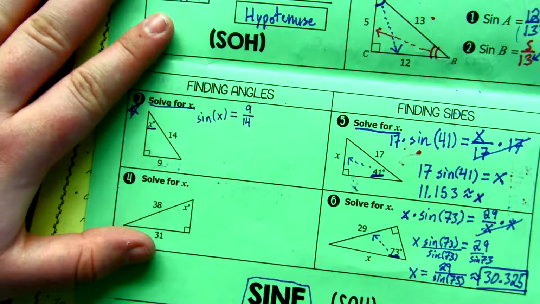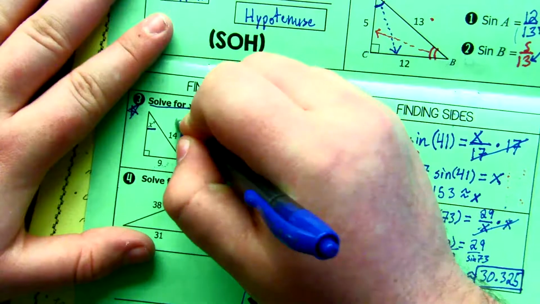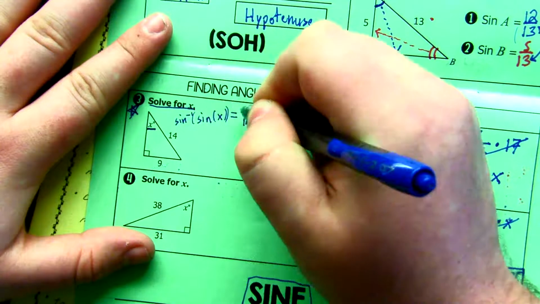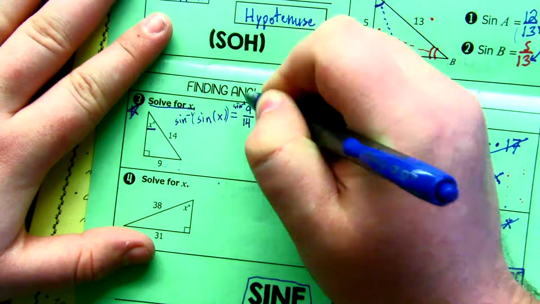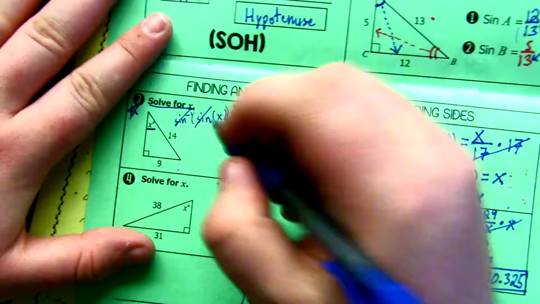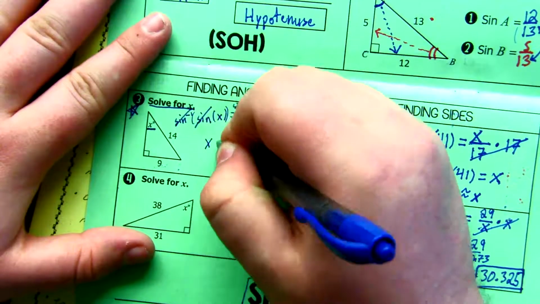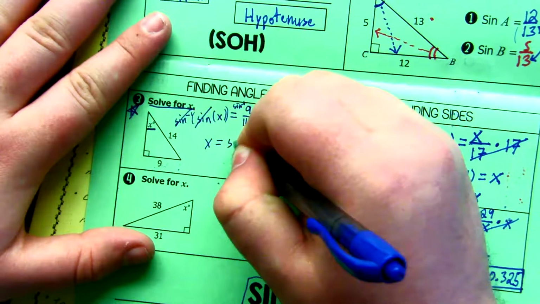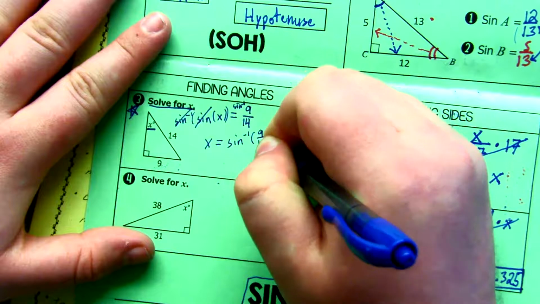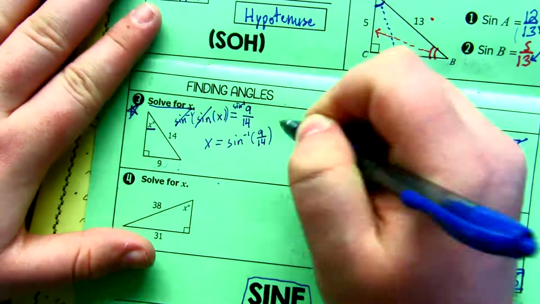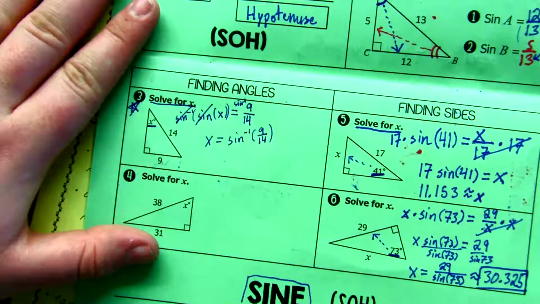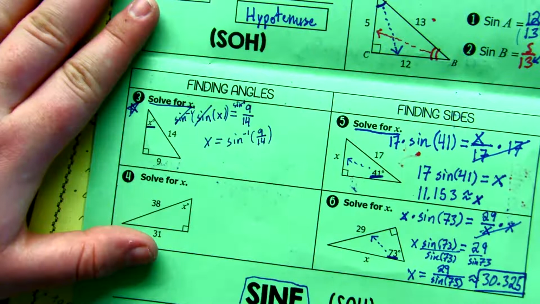We're then going to take the inverse of both sides. Our sines are going to cancel, and we're going to be left with x equals the inverse sine of 9/14. Take a second, plug this into your calculators, and message me in the chat what you get.